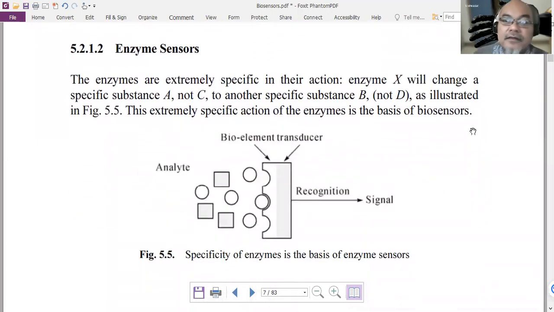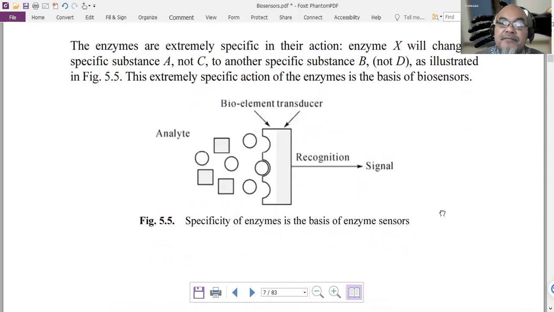So this is the schematic of an enzyme sensor. There is the analyte, and then there is the element transducer, in this case the enzyme. The enzyme is very specific. It is like a lock and key mechanism.